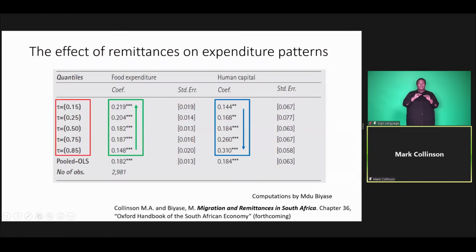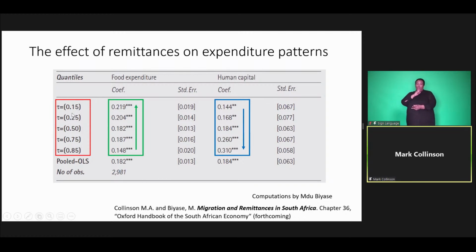What's interesting here, and I've included this from Mdu Biasi's work, because we want to know a little more about the remittances than I can show you in this brief overview, this complex looking table is showing us two things. If we look at the rural households, this is African rural households in the NIDS survey, and these are quantiles of expenditure, actually of consumption.